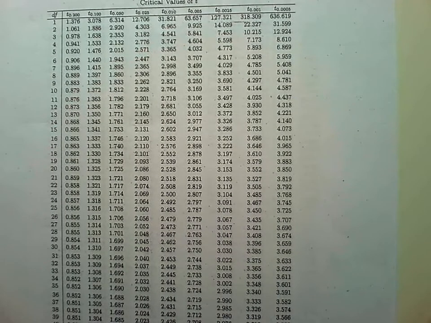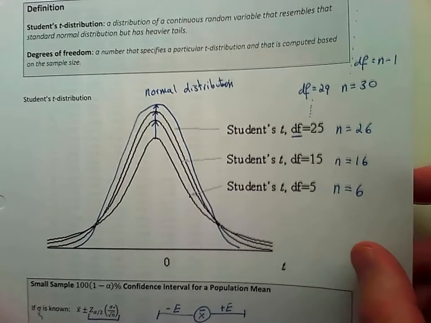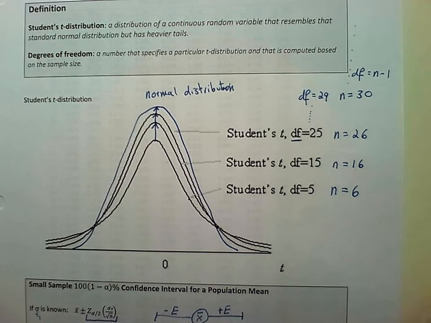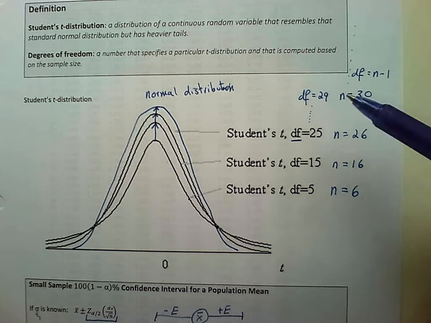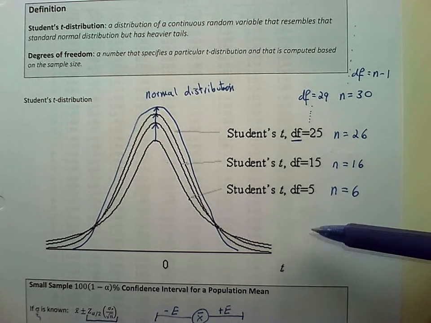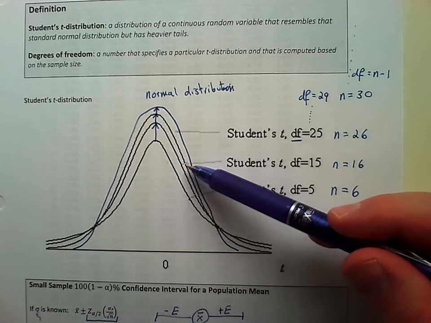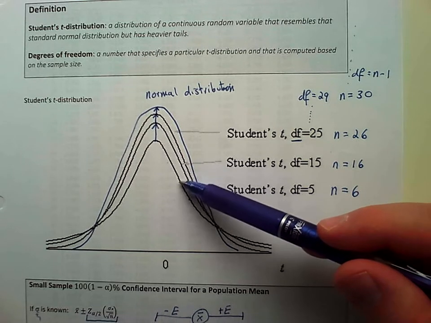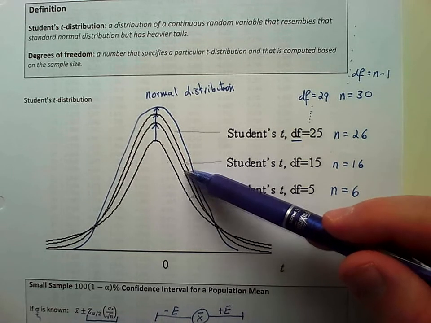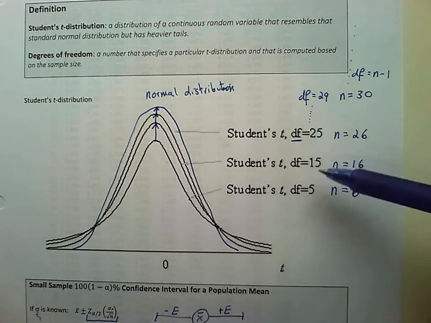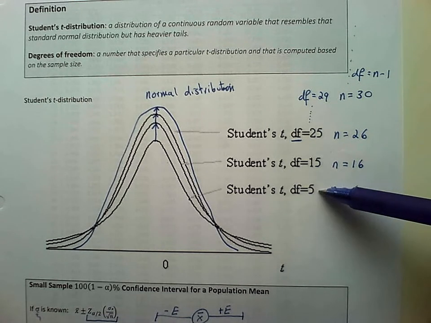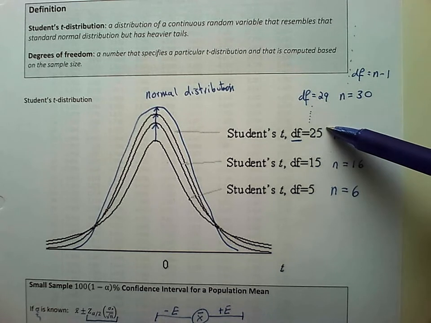So let's think about this here. Now, why can we use our t-table? Let me briefly refer back to this graph that we've looked at before. Remember that in this graph, I said that these different bell-shaped and symmetric curves, the ones that were already in the notes, are different t-distributions. And the t-distributions are different because they have different degrees of freedom.